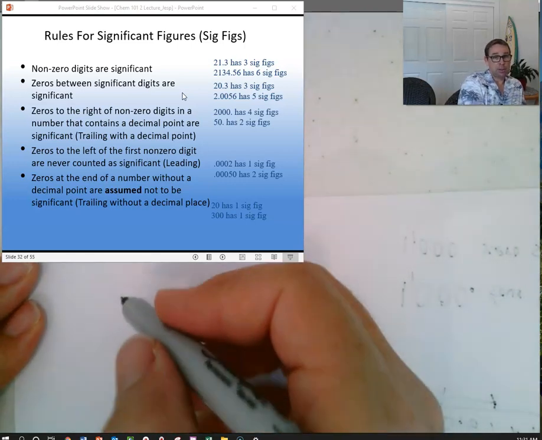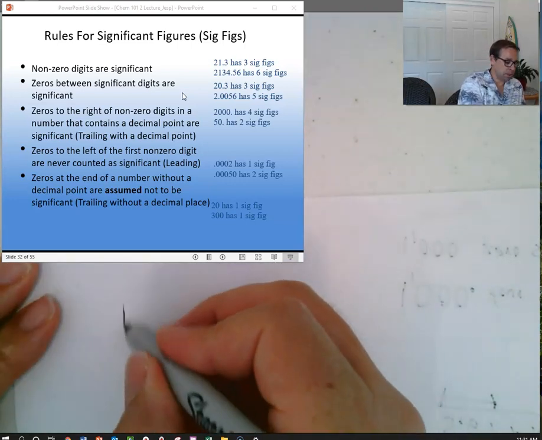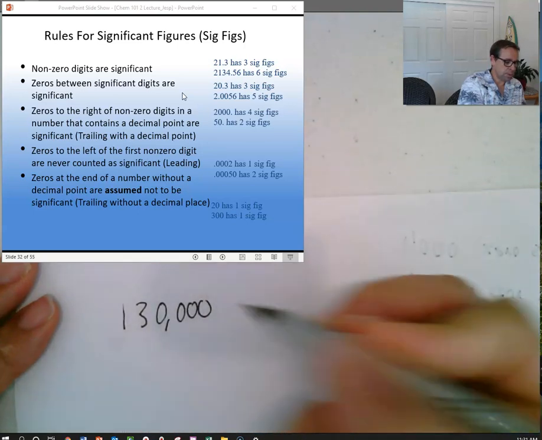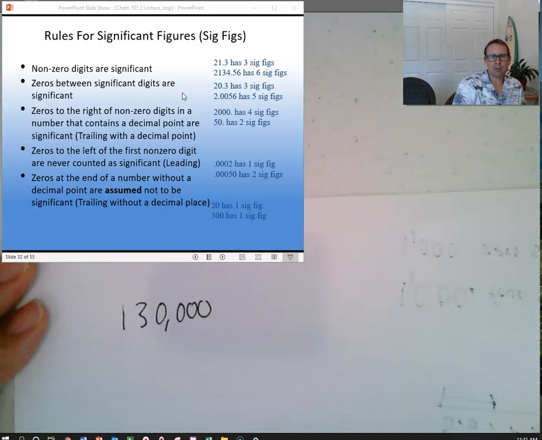There's a lot of people. It was 130,000 people. And the government says, we don't want to have 1,000 extra hamburgers just laying around. Are we sure it was 130,000 exactly? Or could it have been 129,000?